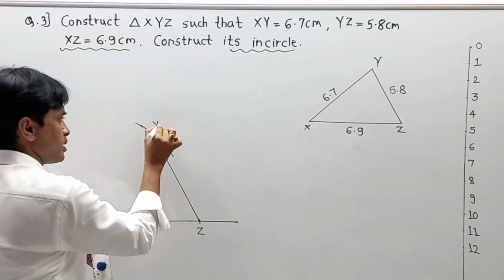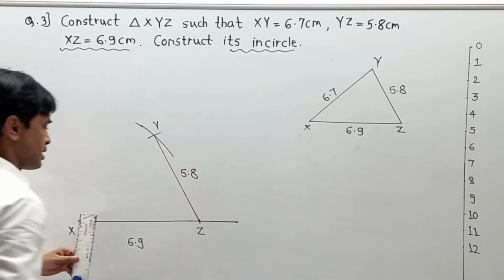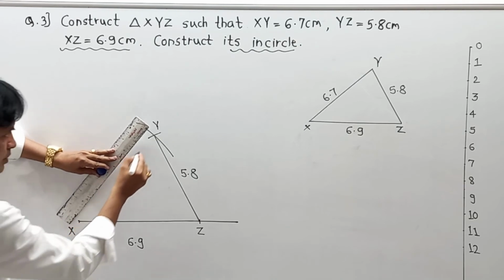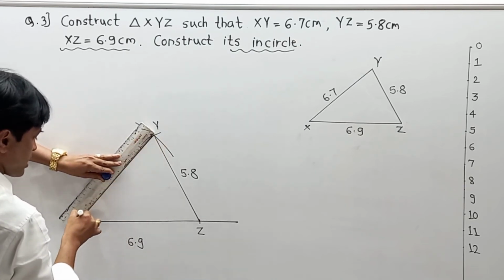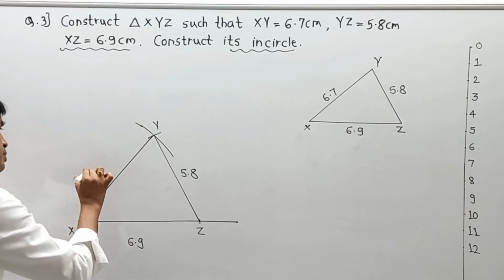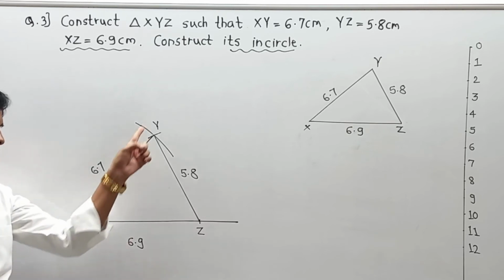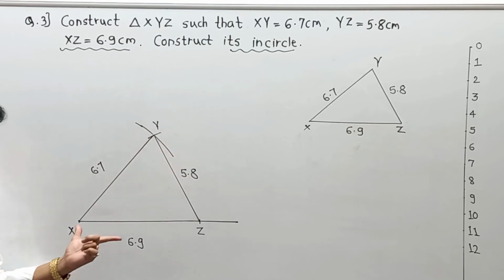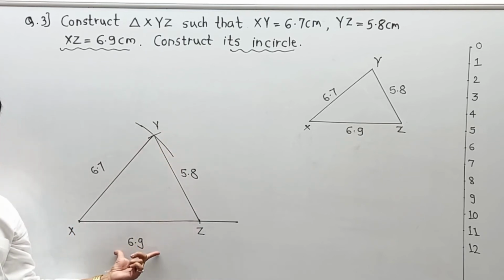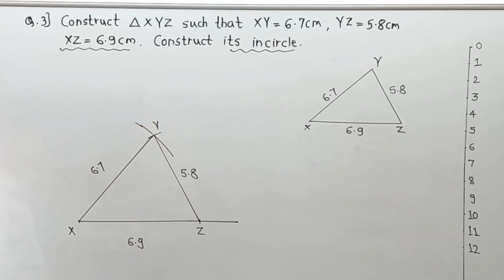Y to Z is 5.8 centimeter and X to Y is 6.7. This is the first structure of triangle XYZ that is ready with us. Remember, we have taken XZ, which is the largest length, 6.9, as the base. That's why vertex Y is upstairs over here.